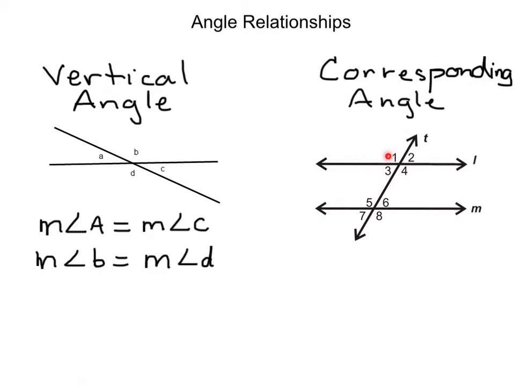If we look at angle 1 in our first set of numbers here, it's formed by the line T and line L, and it's in the upper left-hand corner. A corresponding angle to angle 1 would be angle 5, where if we look at these 4 vertical angles, again, it's in the upper left corner of those 4 angles. And it's corresponding because they're in the same location.